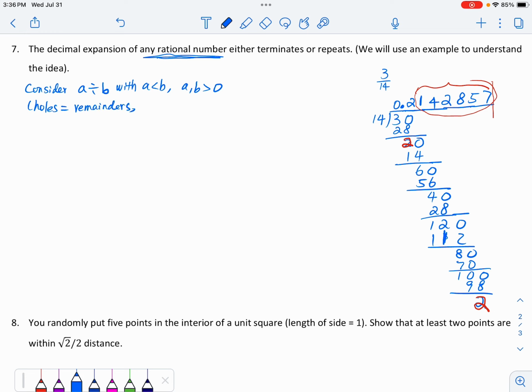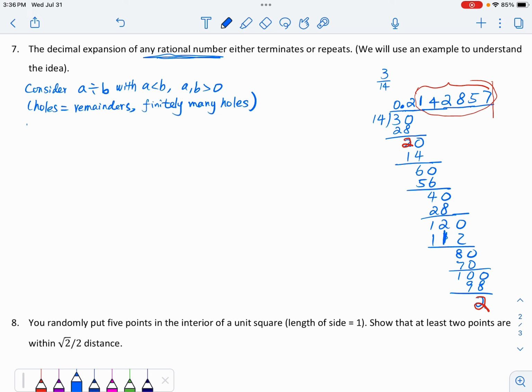And of course, because we are dividing by a number, it's pretty obvious that we have finitely many holes. It's not infinite, so we have finitely many holes.